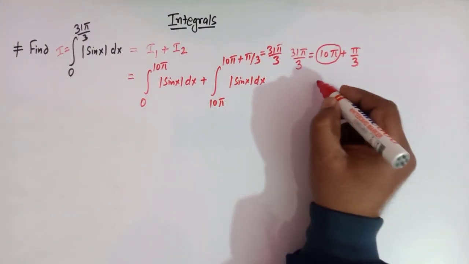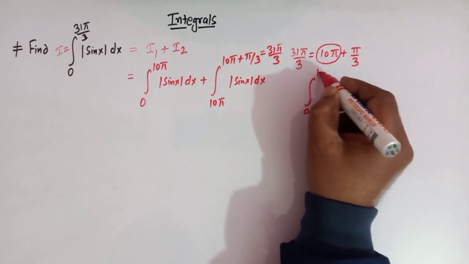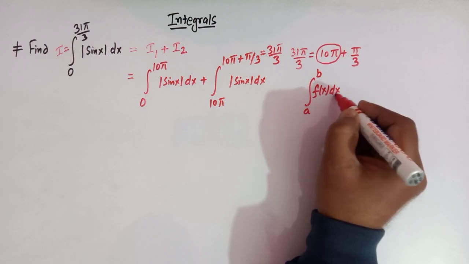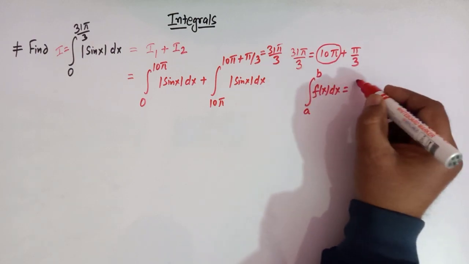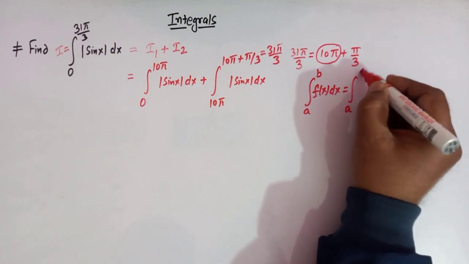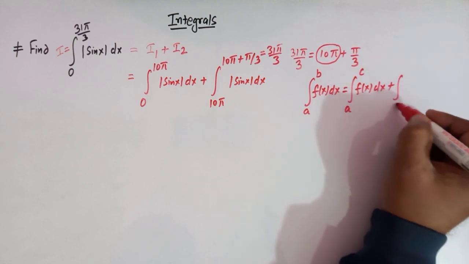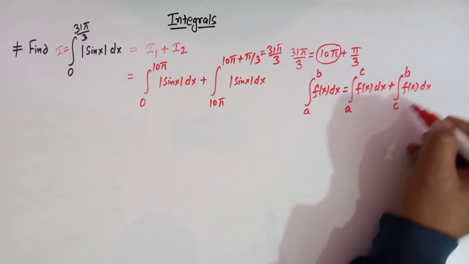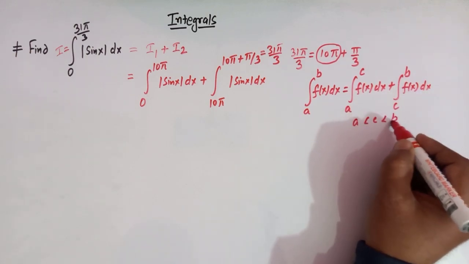Here we have used the property of definite integrals that if we have the integral from a to b of f(x) dx, and if c is a point between a and b, then we can write it as the integral from a to c of f(x) dx plus the integral from c to b of f(x) dx, when c lies between a and b.